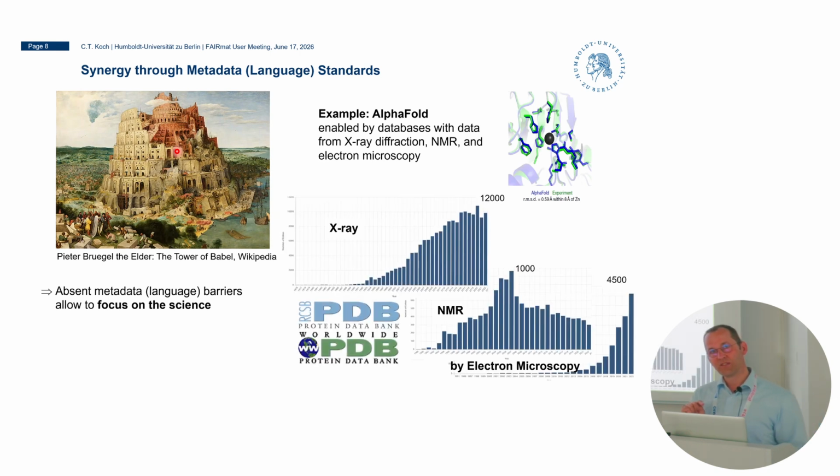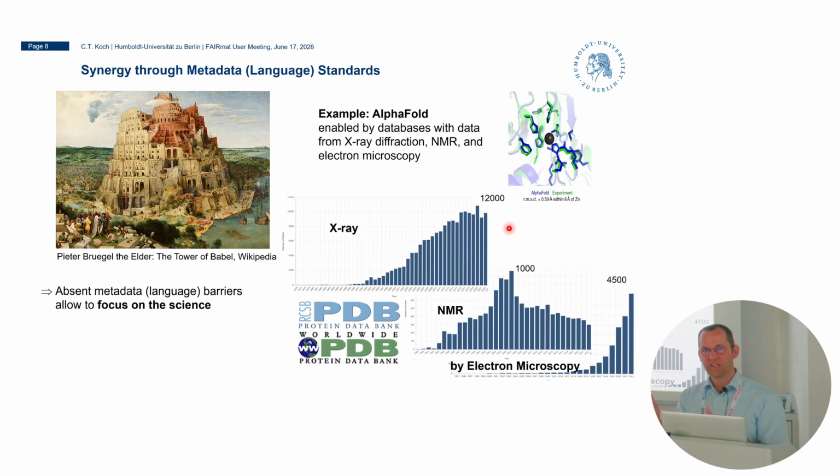And the data they used for that is from very different techniques. So it's from X-ray diffractometry, so from X-ray diffraction at synchrotrons typically, from nuclear magnetic resonance, but also more recently by electron microscopy. It actually is now in the process of overtaking X-ray diffractometry, because this is going down because so many structures are being solved by electron microscopy.